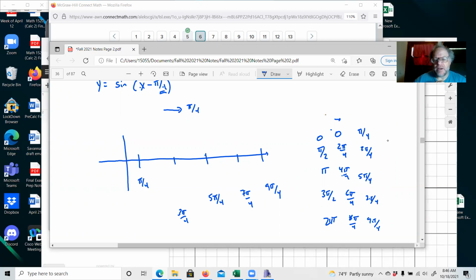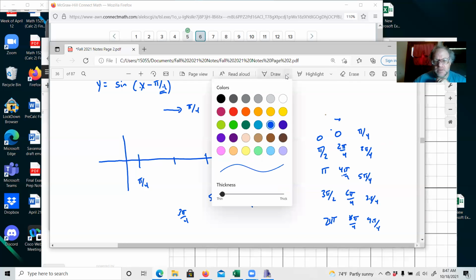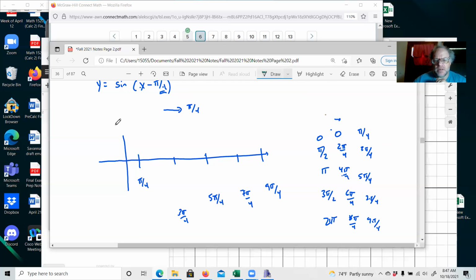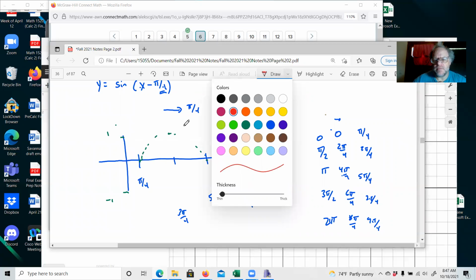Now I'm going to dot in the sine here. We start here. Here's 1, -1. So here, here, here, here, and here. So we're going to dot this in. Then we're going to draw our asymptotes.